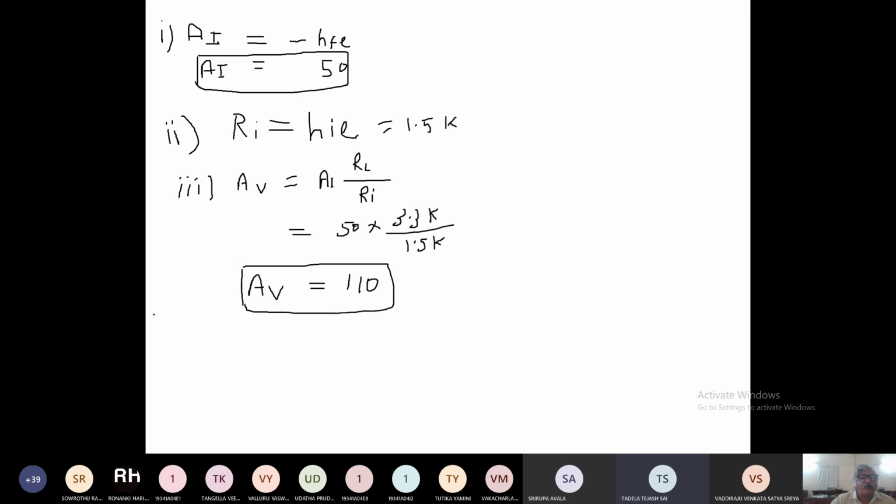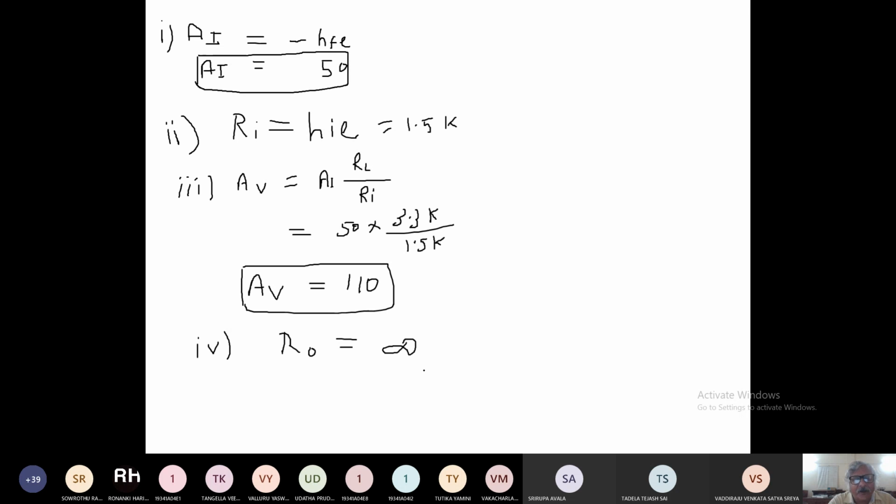Sir, in that, R naught. Yes, R naught is infinite. You can write R naught is infinite in approximate analysis. Infinite means, when you calculate by exact analysis, you will find that the R naught value is very high.